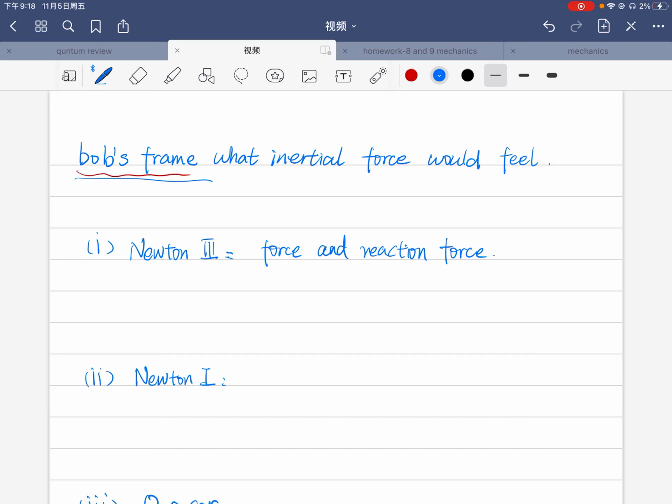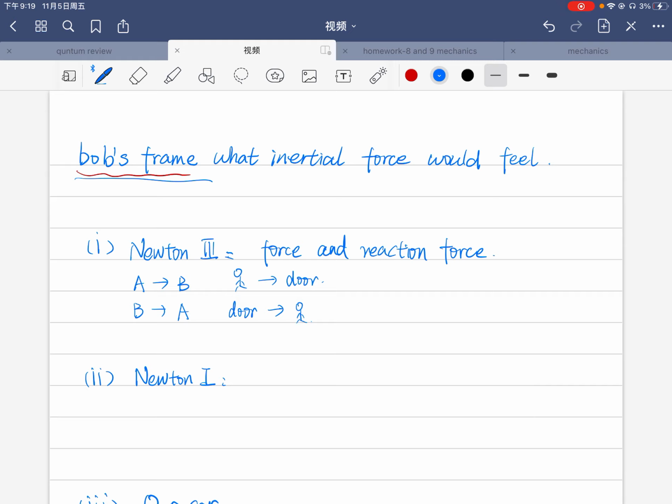The common mistake is first to link this question to Newton's third law. However, we need to notice that Newton's third law is about force and reaction force, which means that, for example, the force is given by A, and A sends the force to B. The reaction force must go to B and be received by A. Again, a very easy example is that if you are pushing a door, the reaction force must be from the door, generated by the door, and received by you.